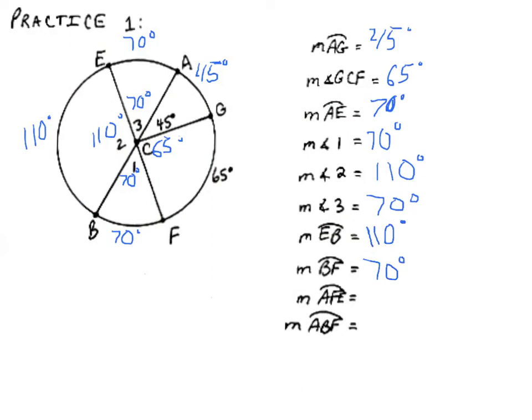AFE, okay, so we're trying to trick you here. AFE, if I go A, E and F, wait, AFE, that's it, long way around, AFE, long way around, 3 letters. That's that whole 360 thing. And if I'm not including this here, I can just subtract the 70 from 360 and I get 290.